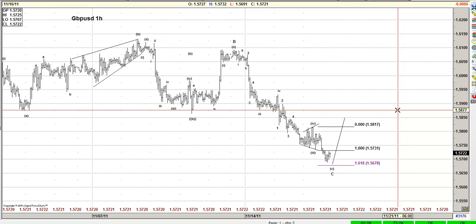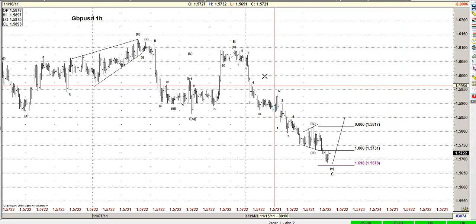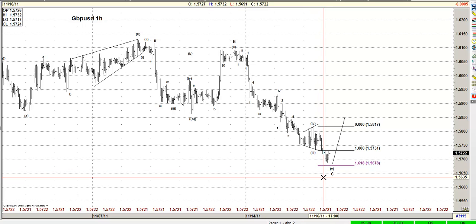Okay, in the individual pair, we're going to start with cable. Cable is showing a very complete 5-wave move from the top. And this is something I want you guys to understand.